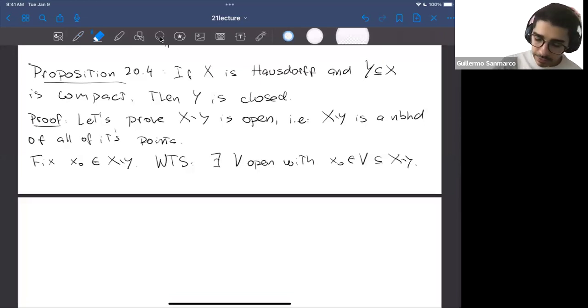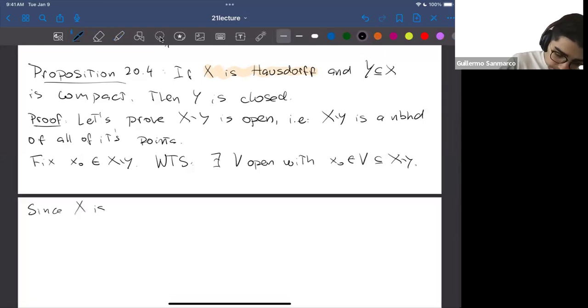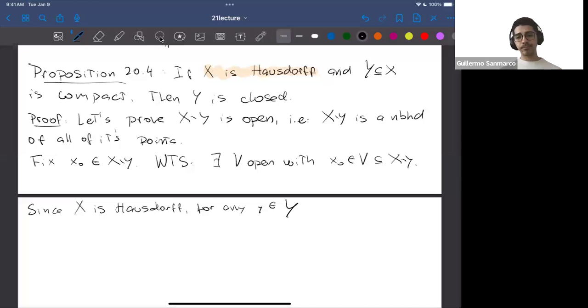So let me start with the ideas. The first thing, at some point, we need to use our first assumption here. X is Hausdorff, so our space is Hausdorff. Whenever we take a point, let's call it y, little y in big set Y. What I'm trying to do is at some point I need to hook up an open cover for Y and then use a finite subcover. So I'm starting to hook up a cover, but we need it to be particularly nice.